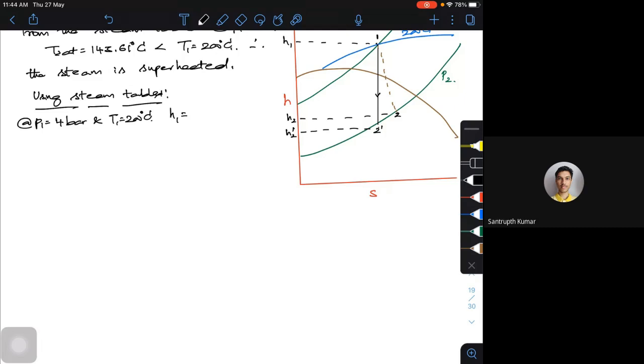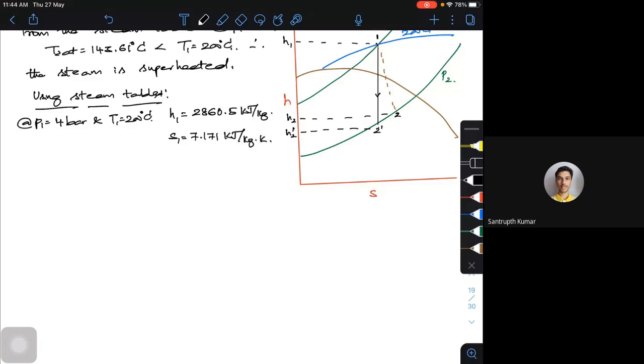You don't go to the saturated tables. I am getting around 2860.5 kilojoules per kg. The corresponding entropy S1 is equal to 7.171 kilojoules per kg Kelvin.